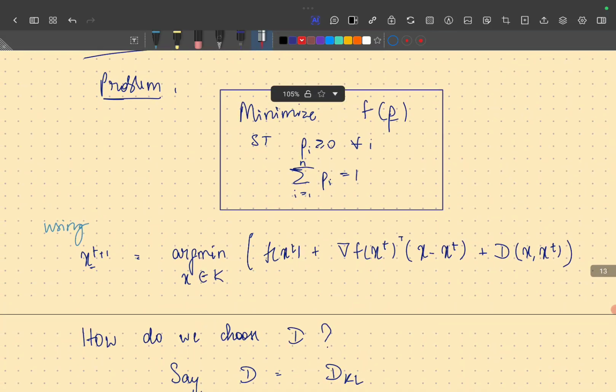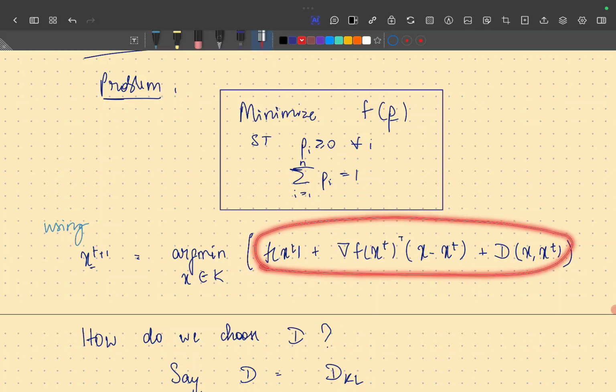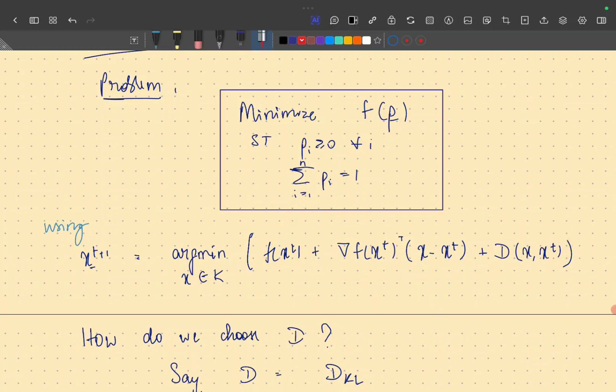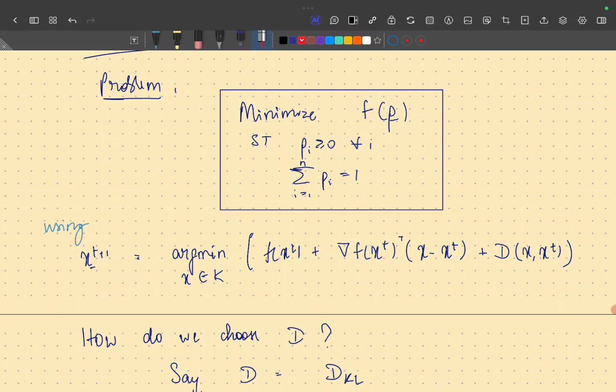We were trying to do so using the following kind of iterations, wherein x_{t+1} is obtained by taking the argmin, solving a constrained optimization problem but with a different, much simpler function. So at each step you are trying to solve a simpler optimization problem for which hopefully you have a closed form solution. In this class of algorithms, if we took D to be the L2 norm, then this reduces to standard gradient descent, nothing else.